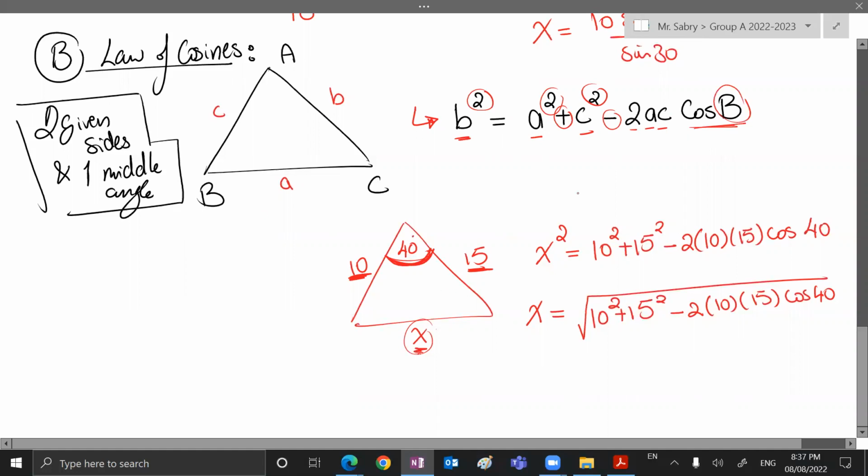So when we applied this rule over here, we said that this side squared is supposed to be equal to the two other sides that are 10 and 15 squared minus 2 times 10 and 15 cosine the middle angle. So if I need to actually remove the power of 2, I'll just have to put a square root all over the other side. So on a calculator, you will just have to put this and it should get me an answer.